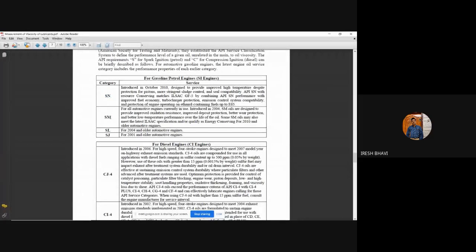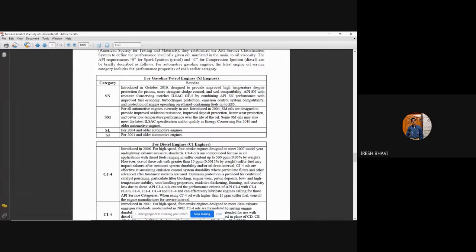This is a very high performance lubricating oil used in special types of engines only. Whereas this SM is commonly used in all automotive engines nowadays. SM was introduced in 2004, and SM oils are designed to provide improved oxidation resistance, improved deposit protection, better wear protection, and better low temperature performance over the life of the oil.